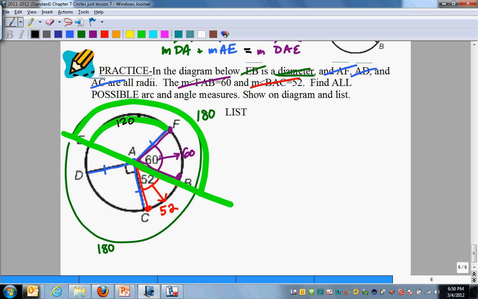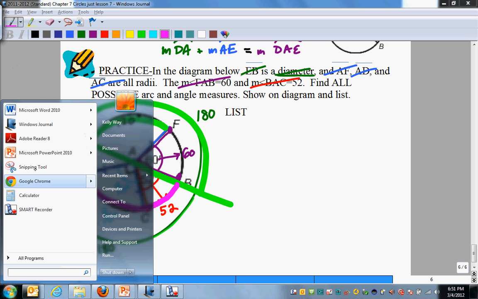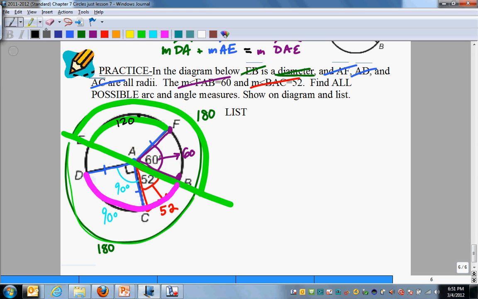Notice here you have a 90 degree angle. Hopefully you spotted that, which means this is 90 degrees. And then going this way, we also have 180. So we add 52 plus 90, and we're going to take that away from 180.